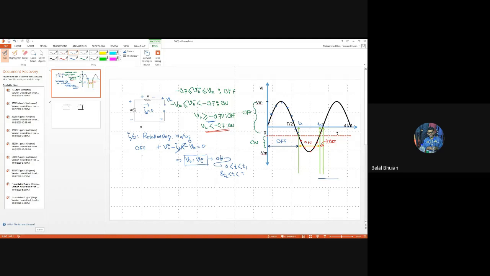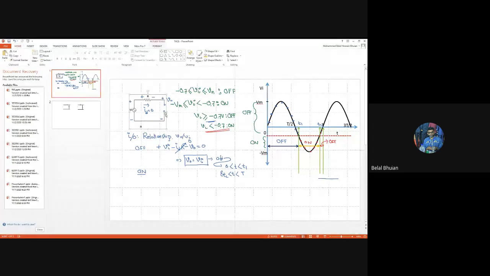So next thing would be the input output relationship when the diode is on. Now, when the diode is on, we can redraw the circuit. Let's redraw the circuit.